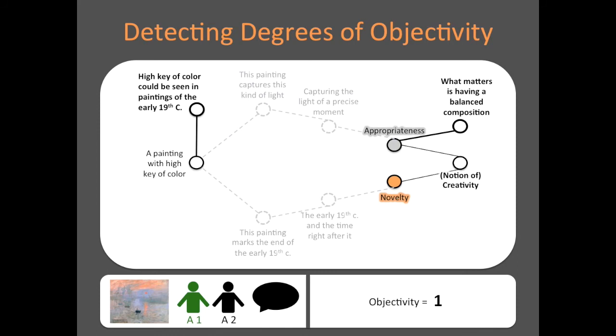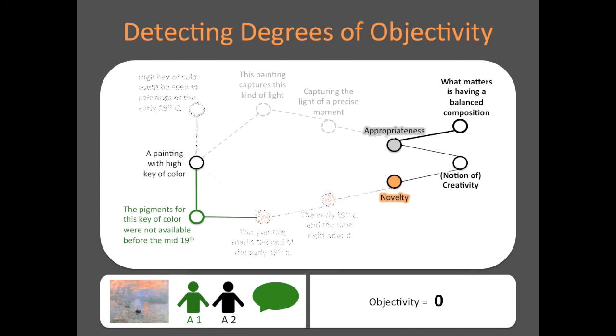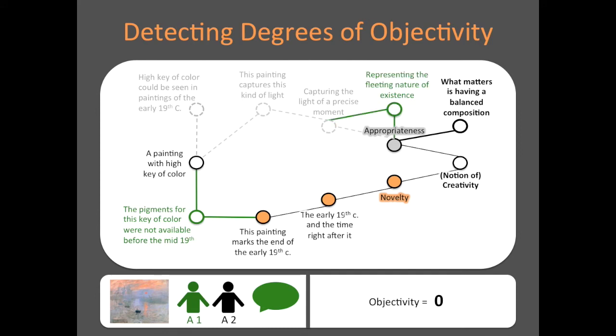Obviously, at this point, the objectivity of the connection with the notion of creativity would be null. But then A1 could retort that the pigments for this key of color were not available before the mid-19th, which would cause the connection with novelty to rematerialize. She could also say that capturing the light of a precise moment is quite important, for this allows representing the fleeting nature of existence, which would cause the connection with appropriateness to rematerialize.